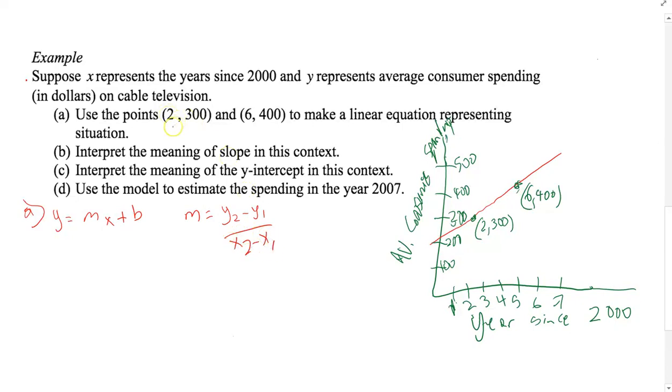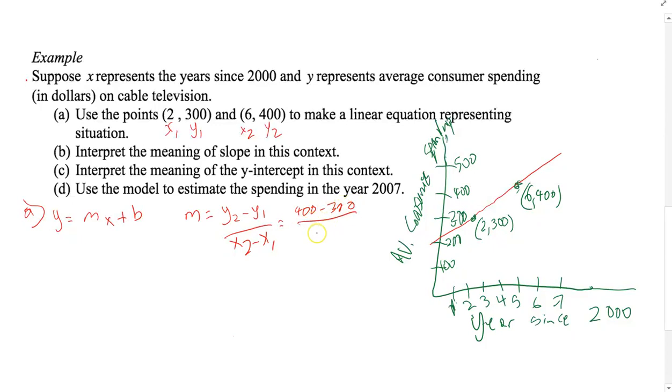So we need then to identify an x sub 1, a y sub 1, an x sub 2, and a y sub 2. We have chosen 2 for x sub 1, 300 for y sub 1, 6 for our x sub 2, 400 for y sub 2. When we plug these in, y sub 2 minus y sub 1, that'd be 400 minus 300.